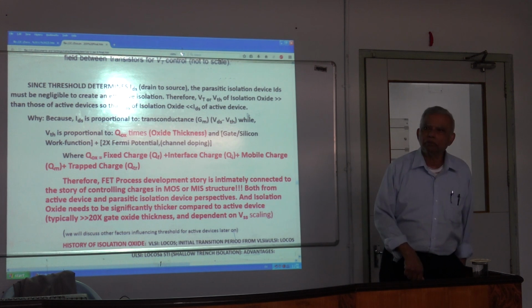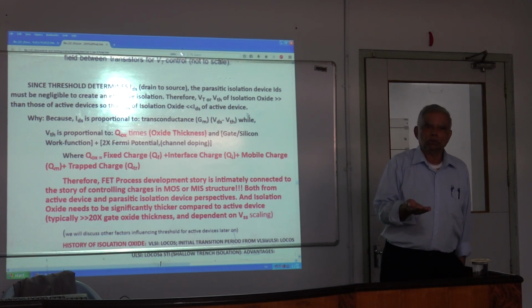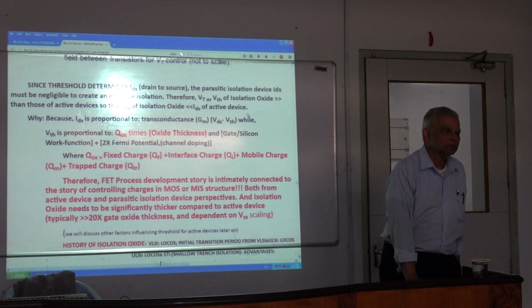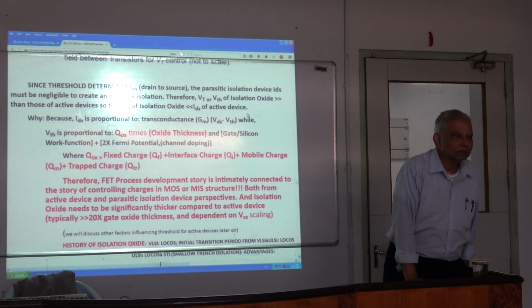So right at the bottom of the STI, there is a higher dose of boron. And what does it do? It's higher than the substrate doping level. Why do we do that?